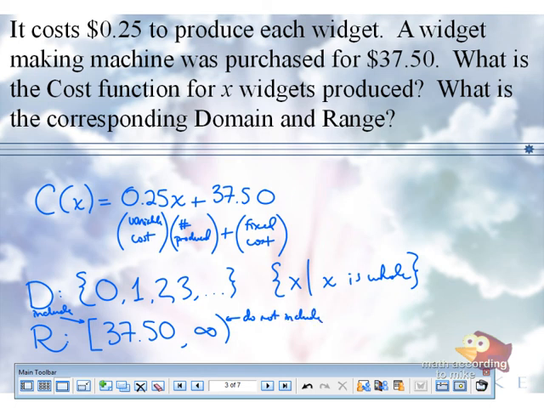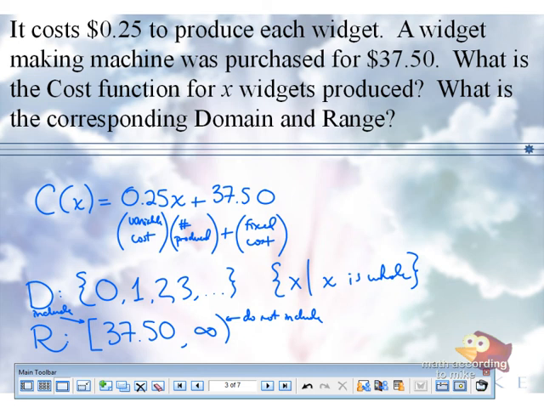Meaning that we're going to get close to infinity, but we're not going to touch it. So what you were saying is it keeps going on? Yes. And they would both be brackets if it's only between like $37.50 and say like $40. Yes, would be brackets, because those are both possible answers.